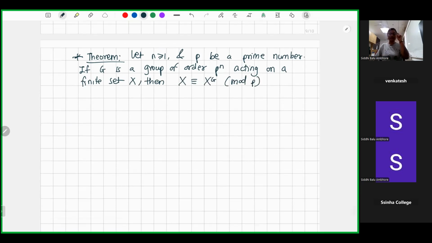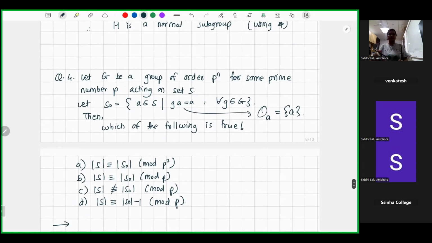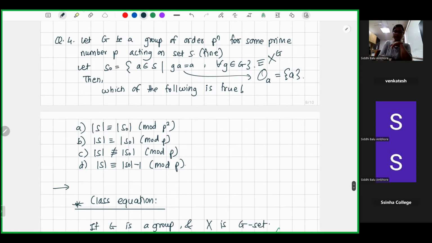And this is exactly the statement which we have here, that G is a group of order p power n, and this is equivalent to that set X^G. And this S is finite here. Then which of the following is correct? And from the statement which we wrote earlier, this is the correct answer.